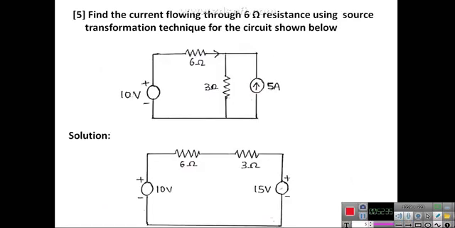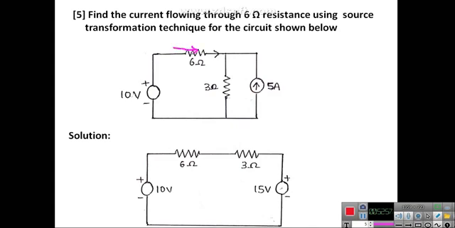Now another problem, find the current flowing through the 6 ohm resistance using the source transformation technique for the circuit shown below. So here the voltage source in series with the resistance, here a current source in parallel with the resistance, but what is asked is the current through this resistor.